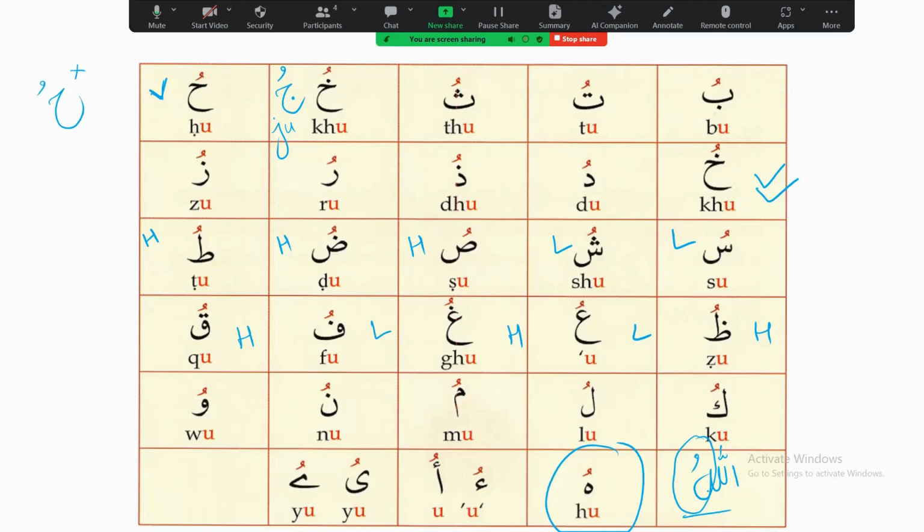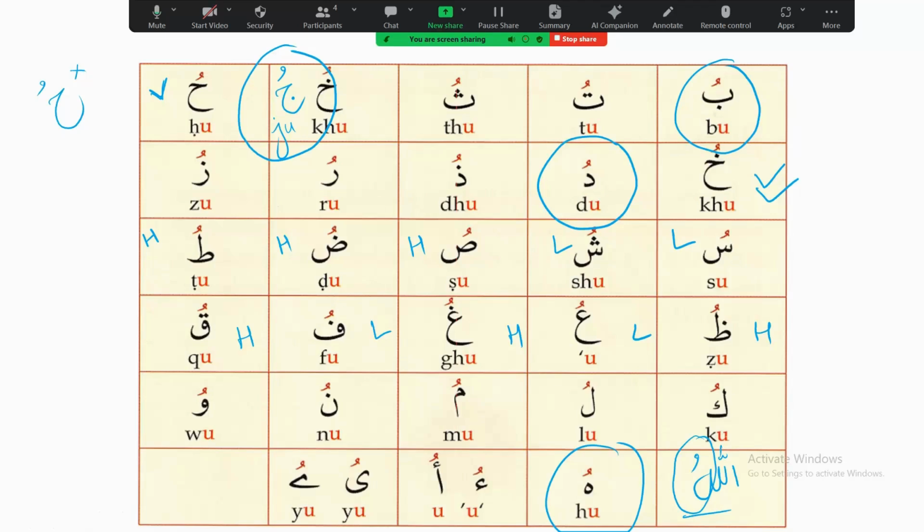Any sister would like to say the first two rows in this way that I just said, like bu, tu, thu, ju, hu, khu, du, zu, ru, zu? Any sister? Let me do this for you first of all. Okay, so this is su, shu, su, du, tu. Then we have zu, ru, gu, fu, qu. Yes, sister. We have Kaf alphabet, Lam, Mim, and Noon, and Waw. Ku, lu, mu, nu, wu. And then we have hu, u, yu, like this.